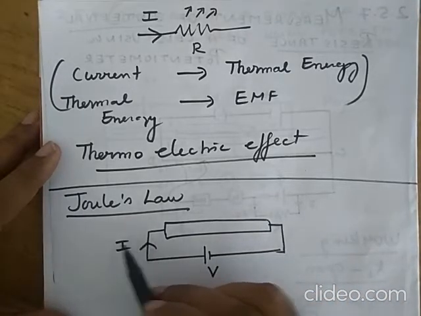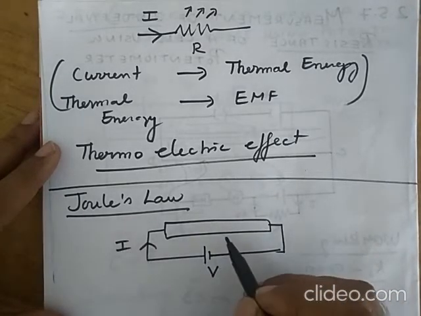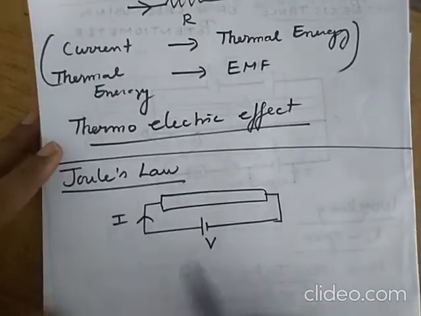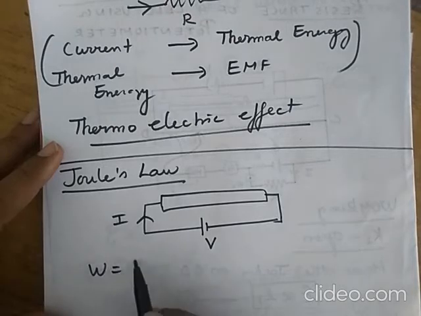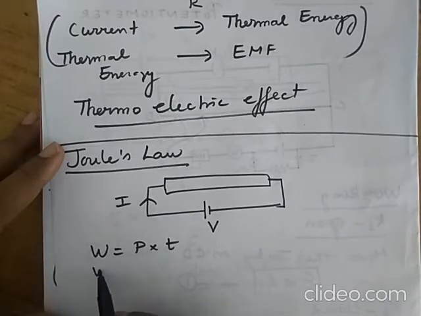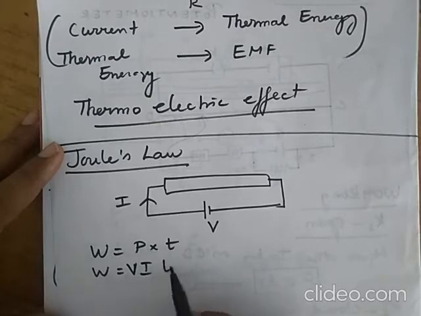This current is applied for a time interval t. Then the work done, or the electric potential energy spent, is W equal to power into time. We know very well power is equal to voltage into current, then W is equal to V into I into t.